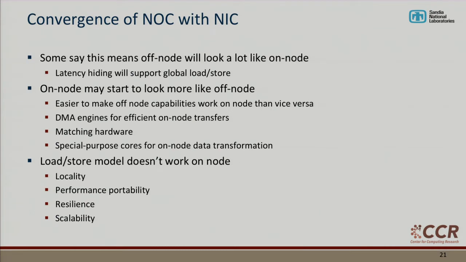There's a couple more things I threw in here, which weren't really part of what we presented, but have come up recently. The convergence of network on chip with network interface controllers. So if you listen to some of the discussion that's going on in DOE right now, what you hear is processor vendors are moving towards larger network on chip networks, right?